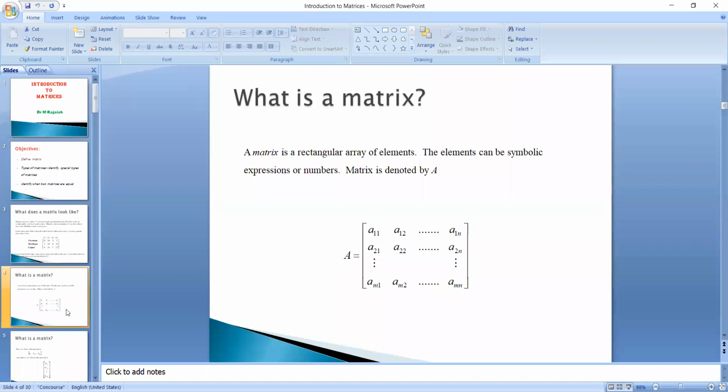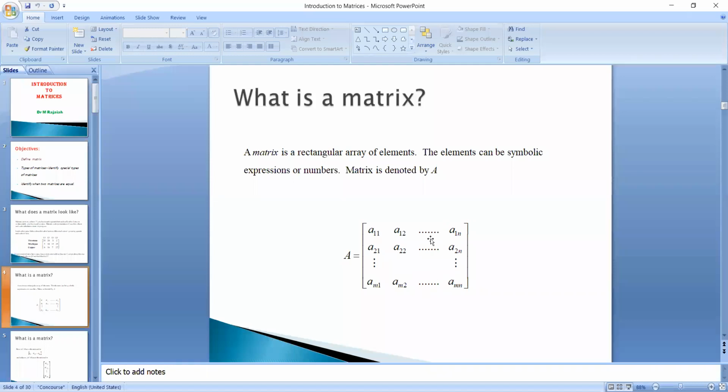Now, what about a matrix? This is already known to you. A matrix is an array of mn elements, either complex or real numbers. The elements can be symbolic expressions or numbers. A matrix is generally denoted by capital A, that is A equal to A11, A12, A1n. The first subscript represents the row number, the second subscript represents the column number.